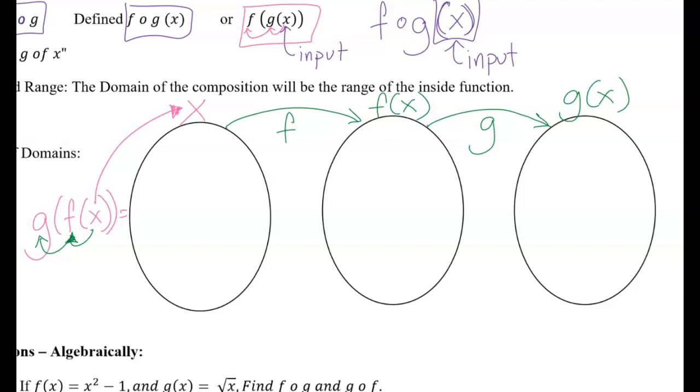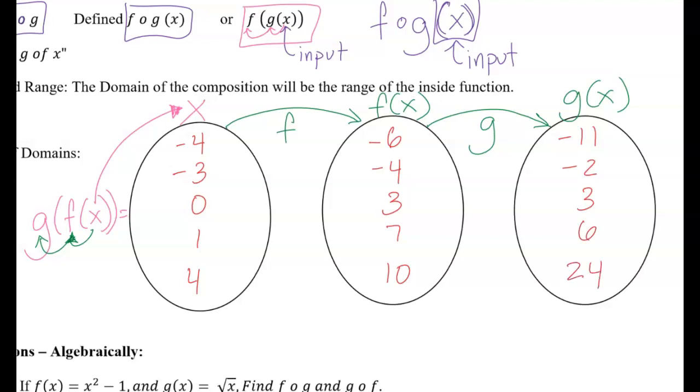Let's try a quick little example. I'm just going to make up numbers here, and you'll never have to make up these numbers like I am, and I'm going to show you what a mapping could look like, and then we'll do a quick example. Again, this is not what you're going to have to do. This is just some random numbers.